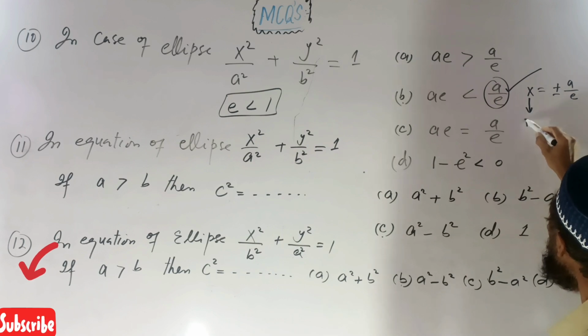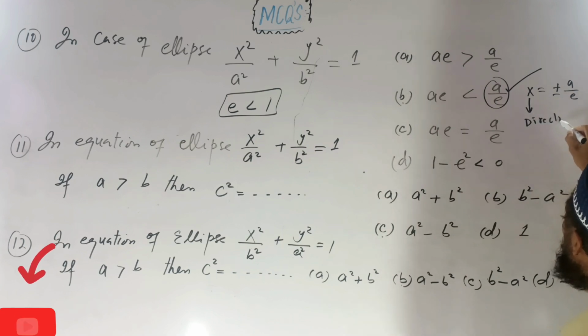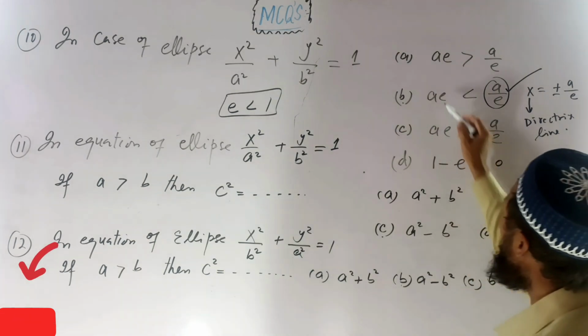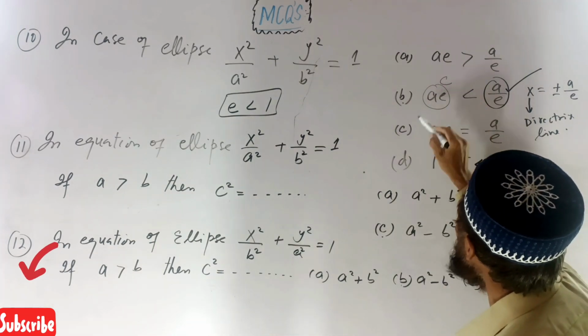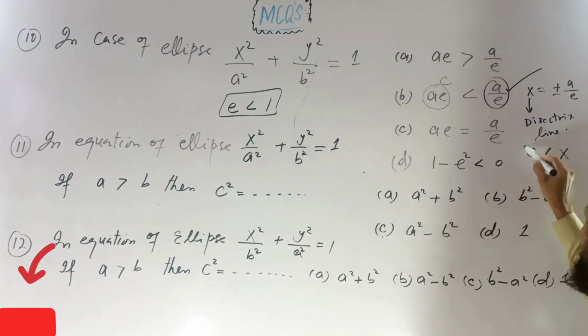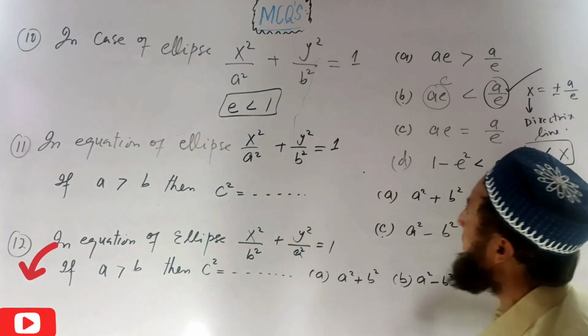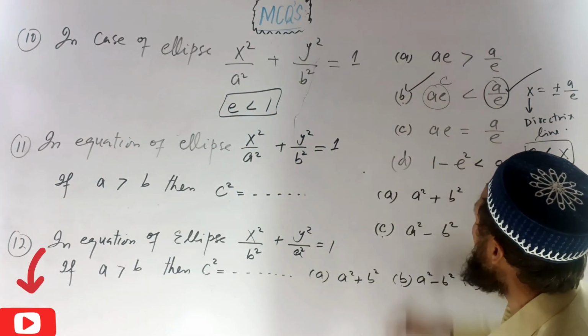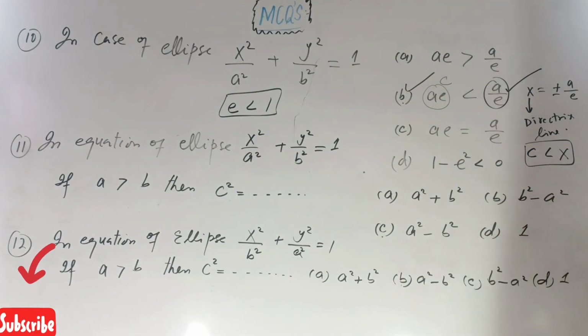This line is the directrix line, along the x-axis if we are finding. So ae means here the value of c. C is less than the directrix line, so that will be called an ellipse. So option B is the correct option.